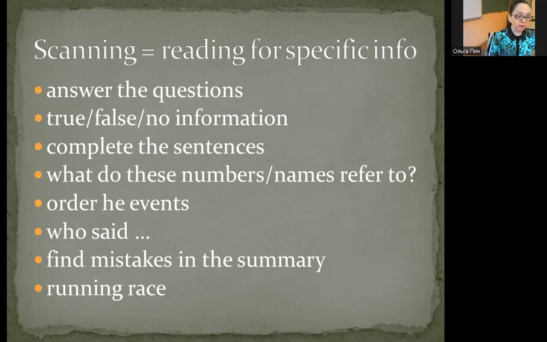Or vice versa, they have the question and then one student runs up to the text to find the answer. So this is very good for young learners who need more physical activity during the lesson.